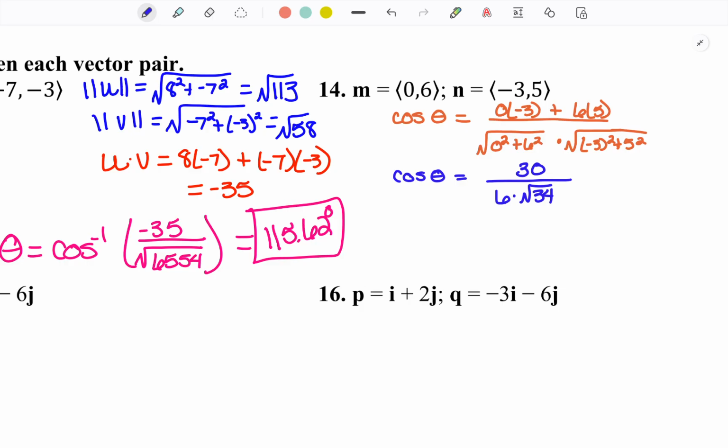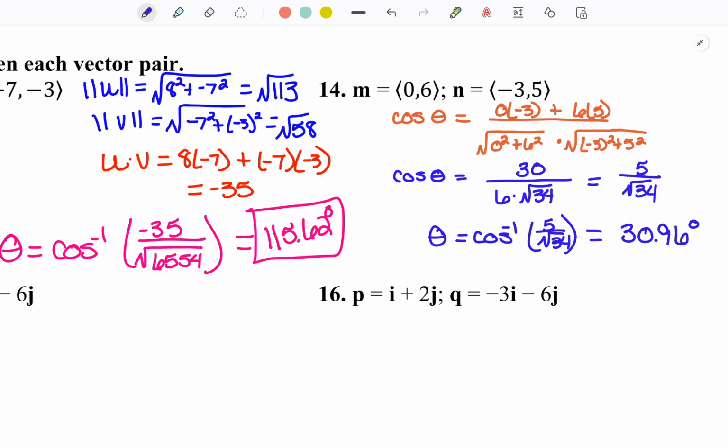So we could say that that is, let's see, 5 over the square root of 34. And so we will have theta equals the arc cosine of 5 over the square root of 34. And that should give us the angle of 30.96 degrees in the end.